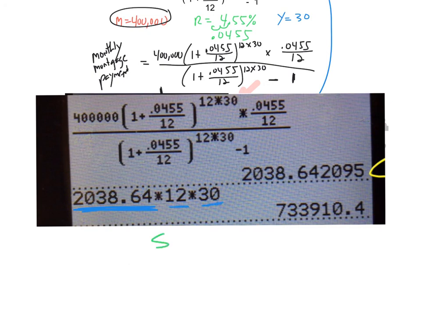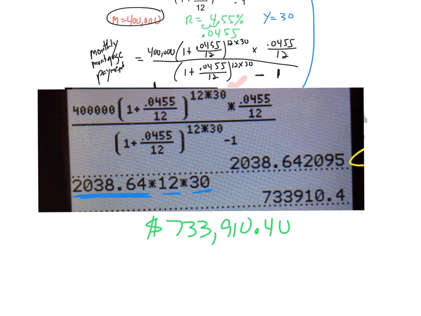So that means over the 30 years, you're going to be paying the bank $733,910.40. That's how much you pay over the 30 years.